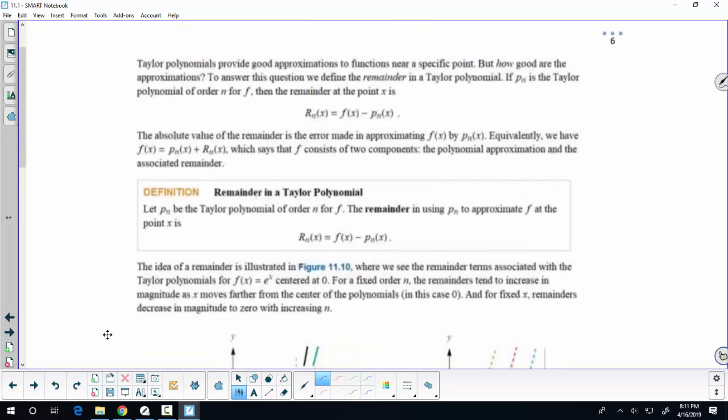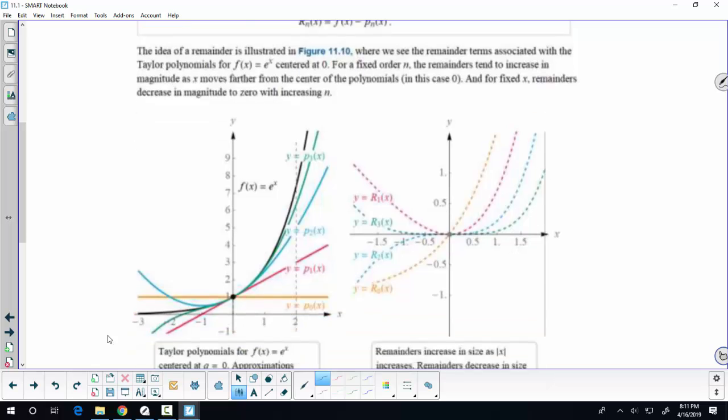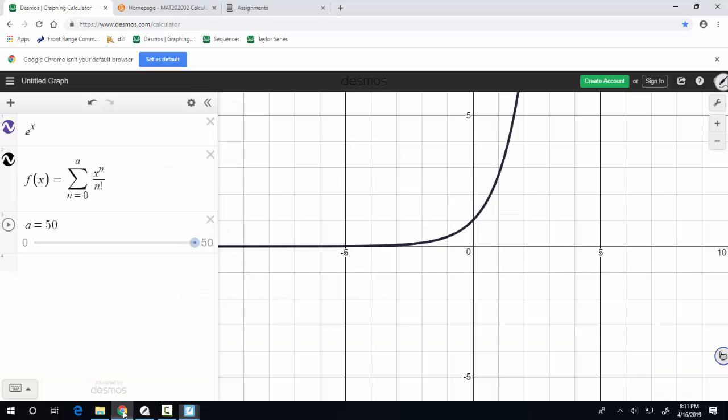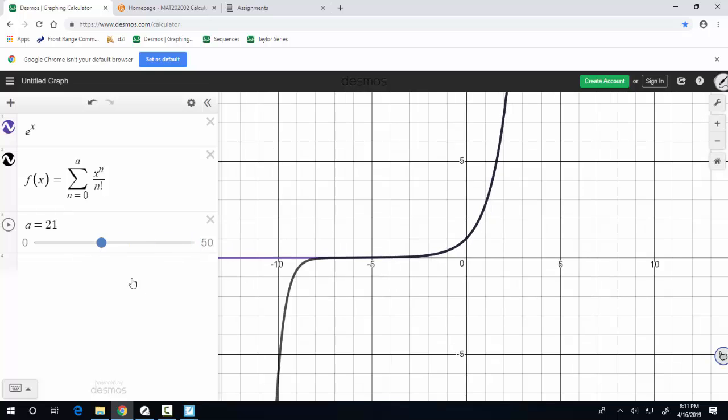Like a remainder though? No, not a remainder. Oh yeah, I mean that's just saying that as we use the Taylor approximation to approximate f of x, as long as we're using a finite number of terms, the function is equivalent to the Taylor polynomial plus its remainder. So there is some error in using a finite polynomial to approximate a function.